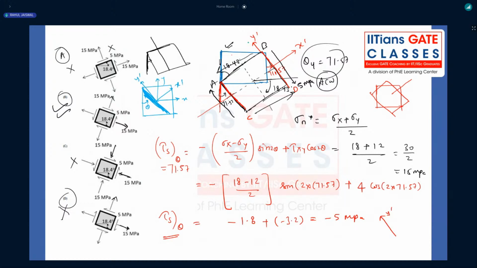Instead of tilting for AB and AC, some of you might be confused in that. So it's better that you tilt regarding the plane which is inclined at angle theta anti-clockwise. That will be easy for us. All of you understanding? Tell me guys, whether it is clear.